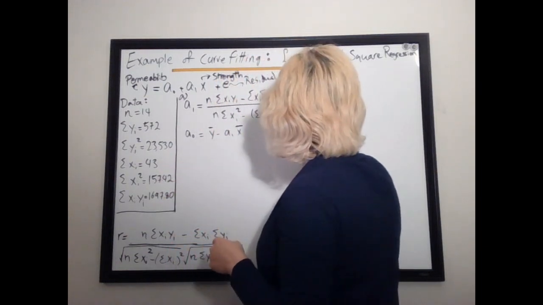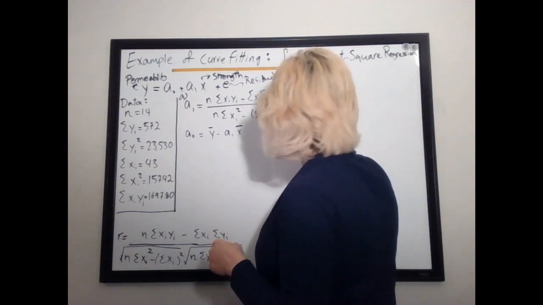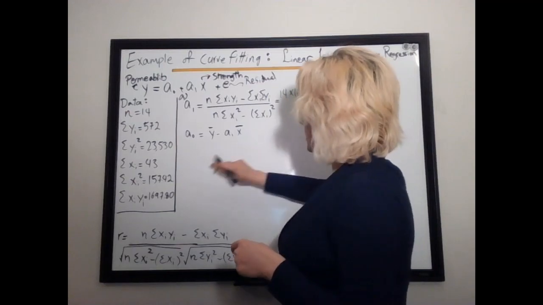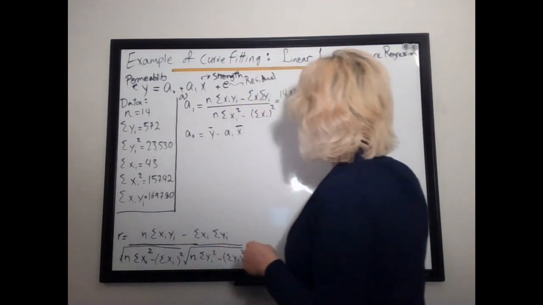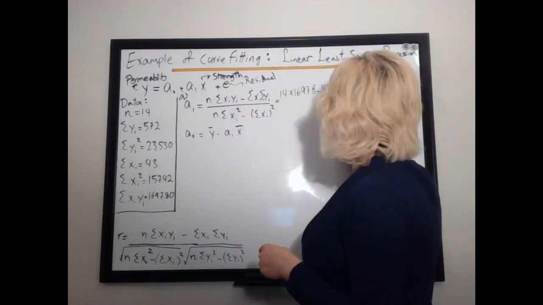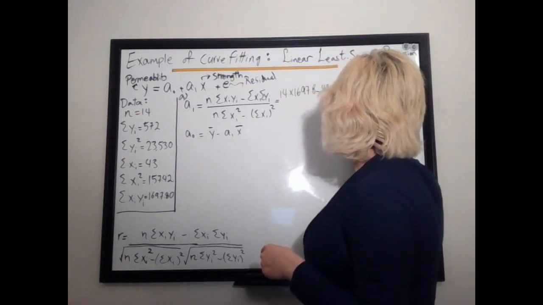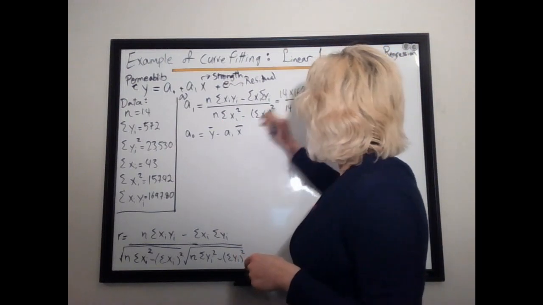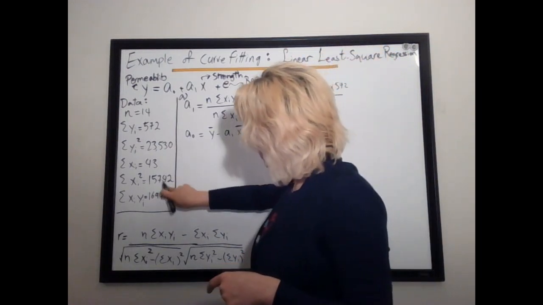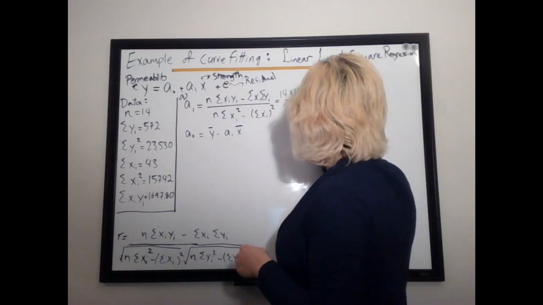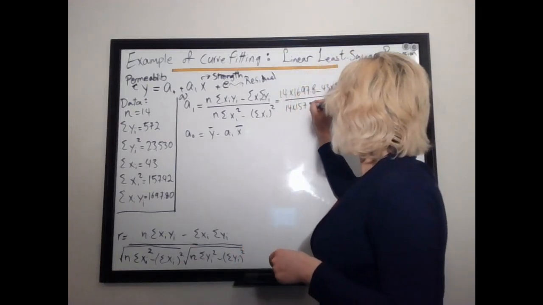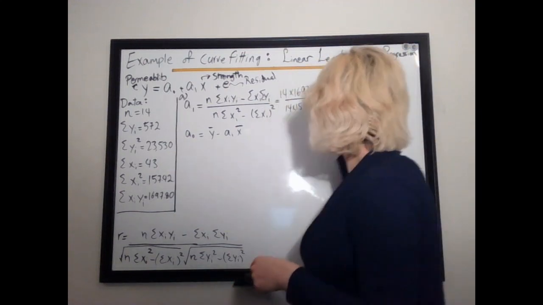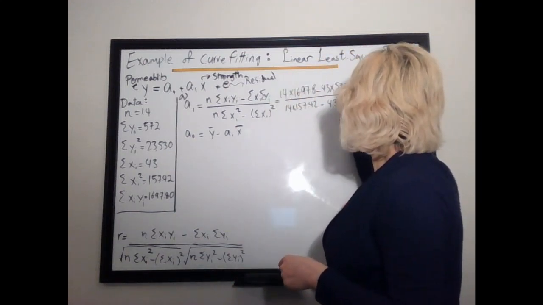So it is 14 times 1697.8 minus sigma xi and sigma yi. So it's going to be 43 times 572, divided by n again, sigma xi power 2, which is 157.42 minus sigma xi, 43, over 2.